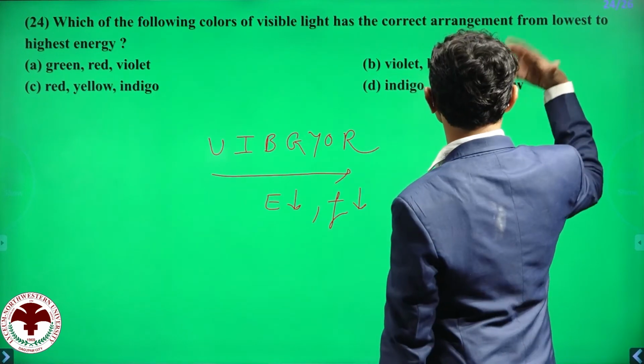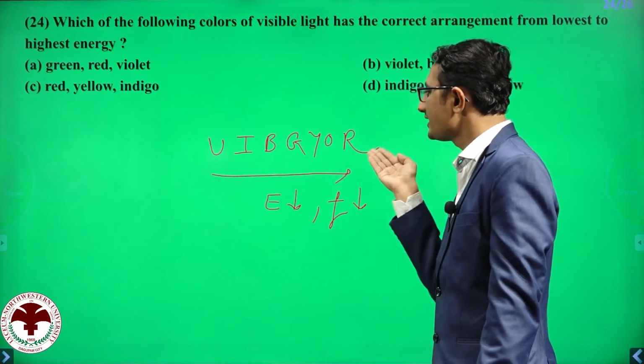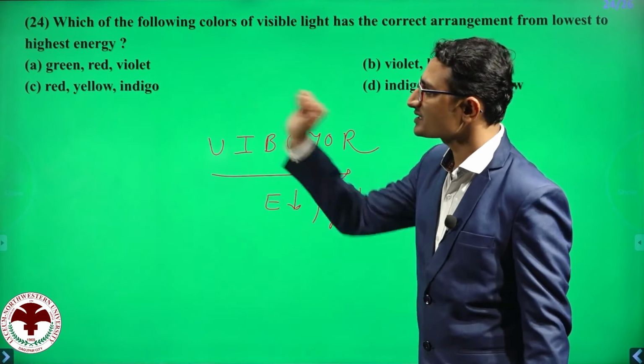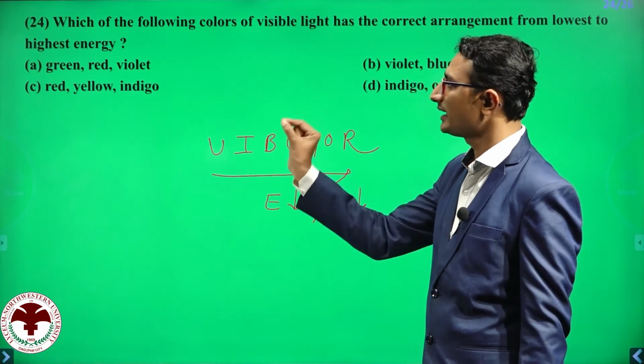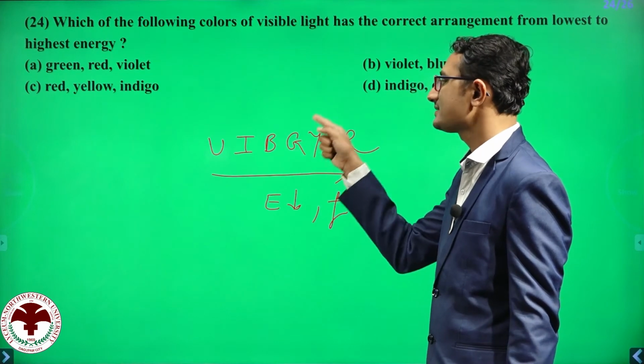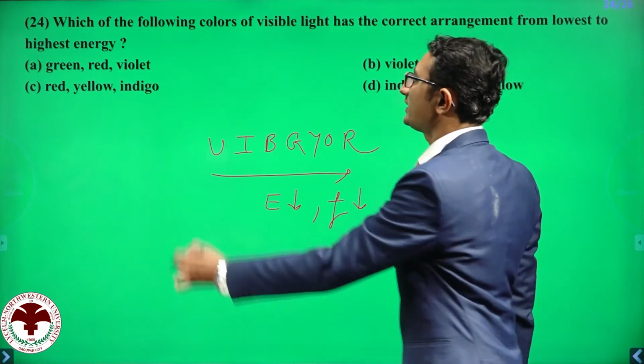In this question, what do we want to find? From lowest to highest energy. It means we want the arrangement from R to V. The first arrangement is green, red and violet. Green has more energy than red, so this is not the correct arrangement.